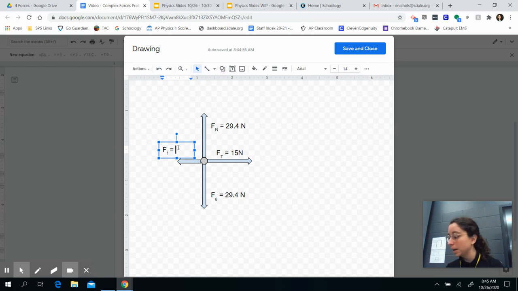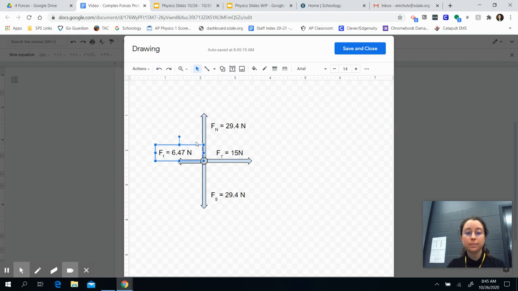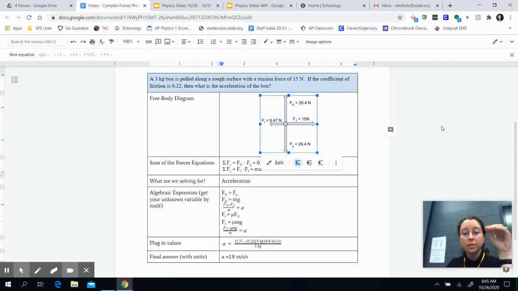So 0.22 times 29.4, and that is going to be 6.47. That looks prettier. Great. Save and close. This would be an exceeding, right?